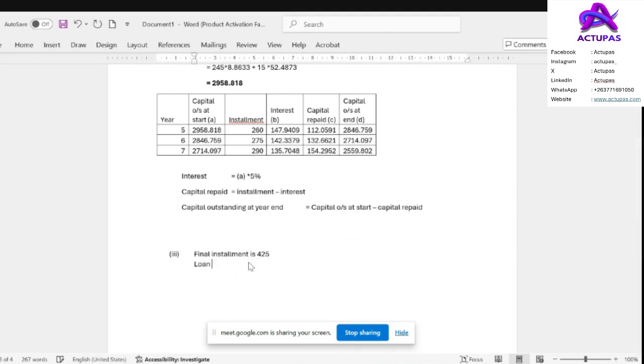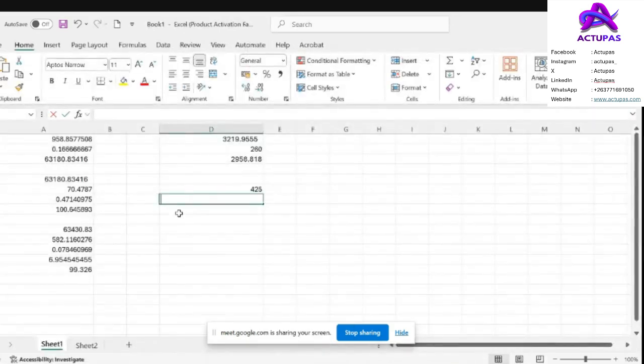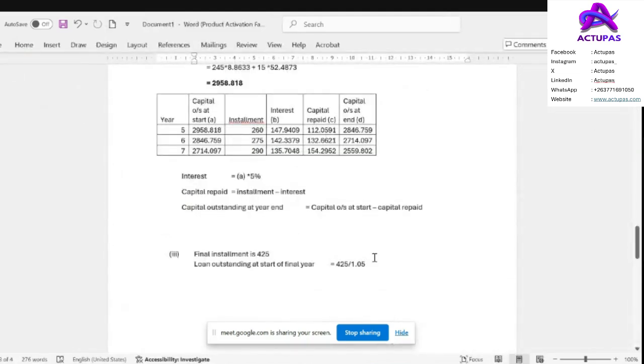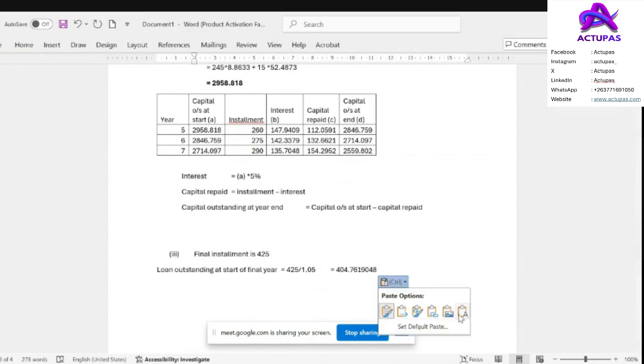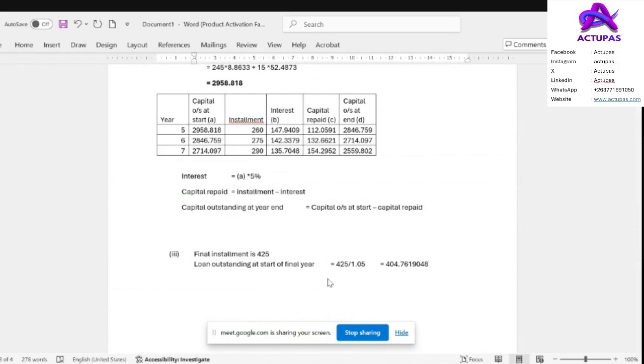So the loan outstanding at the start of final year will be equal to 425 divided by 1.05. This is equal to 404.76. Then that would be the loan outstanding at the start of the year.